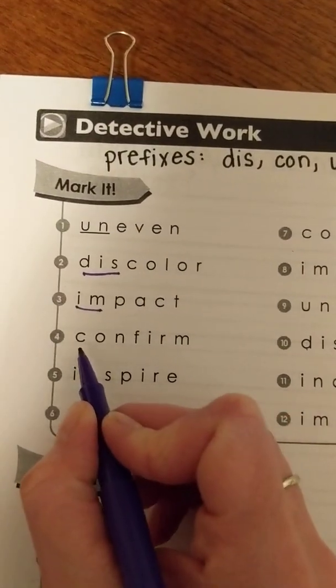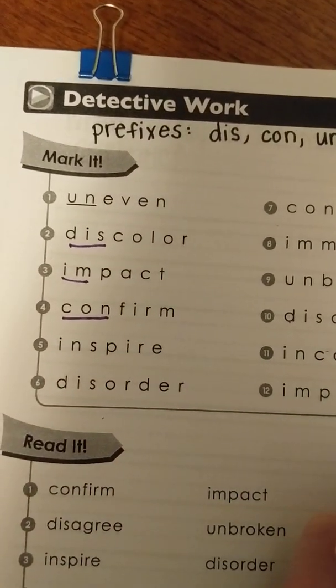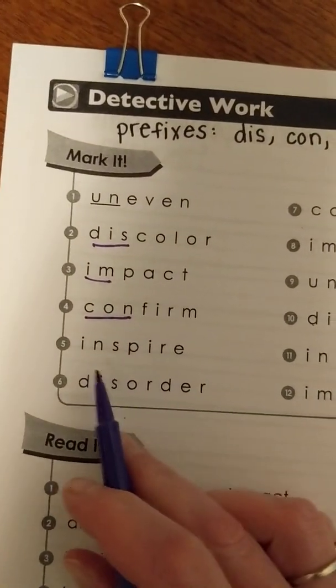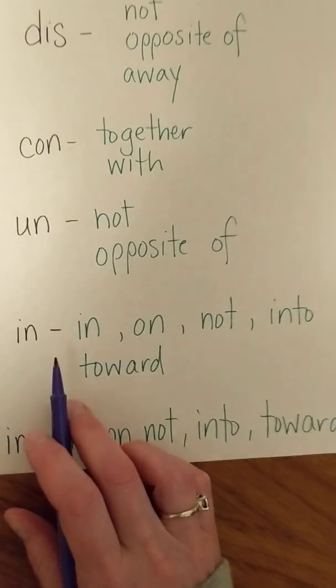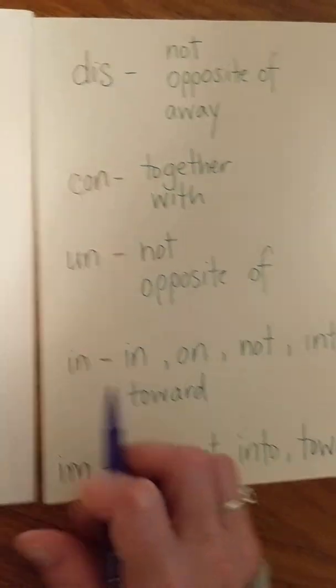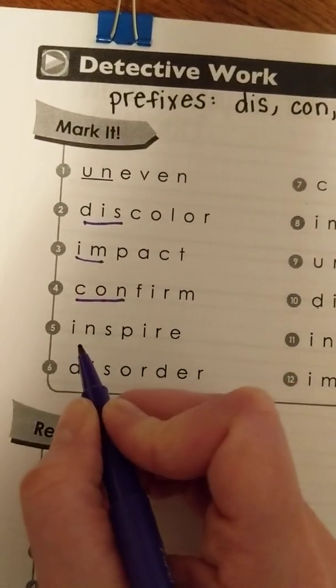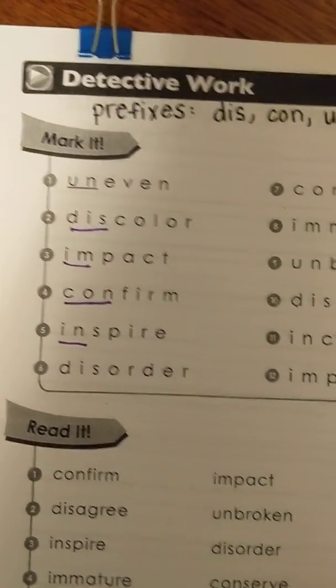Con means together or with. So if you confirm something, you are coming together and making an agreement on it, okay? Inspire, inspire. So remember, in can mean in, on, not, into, or toward, okay?